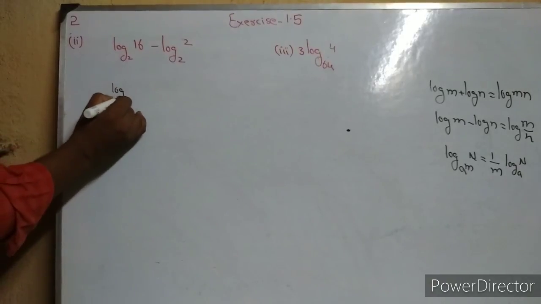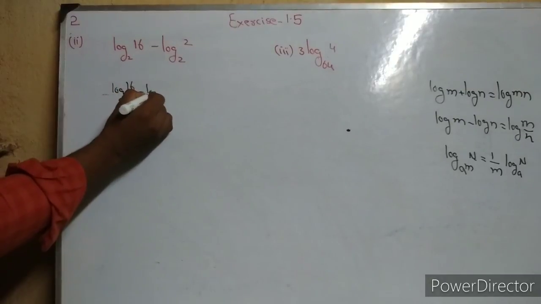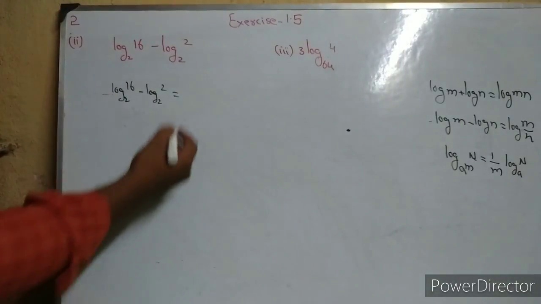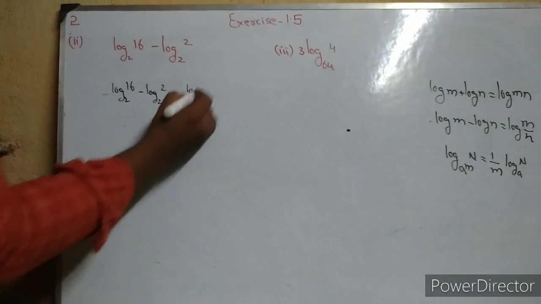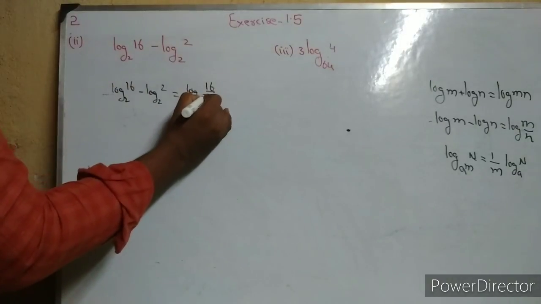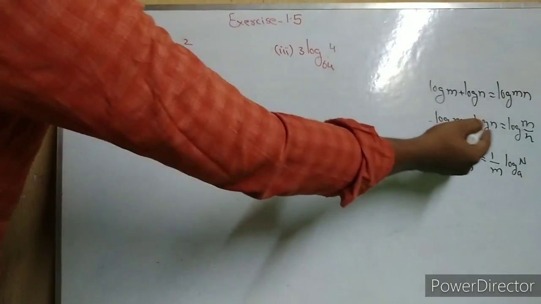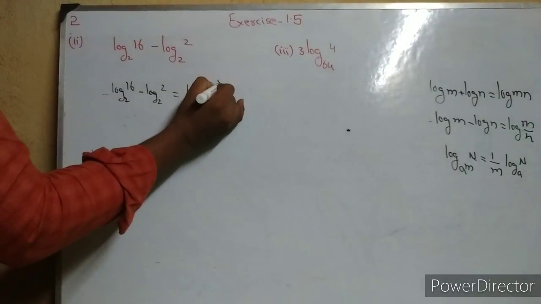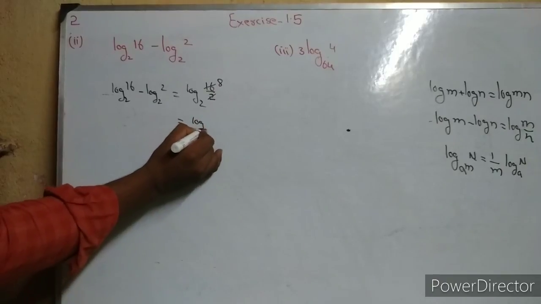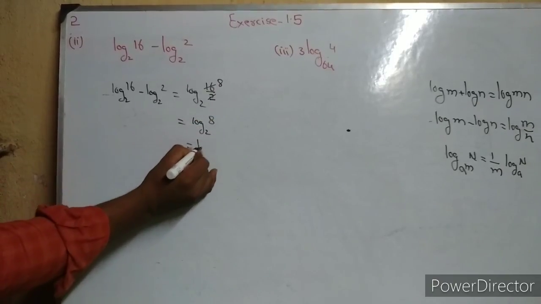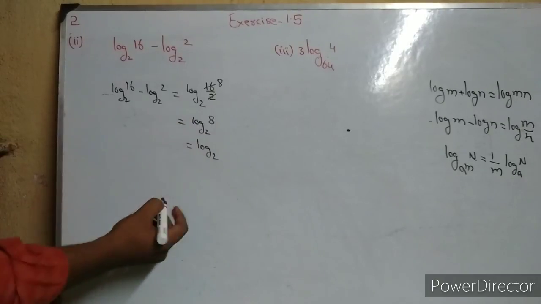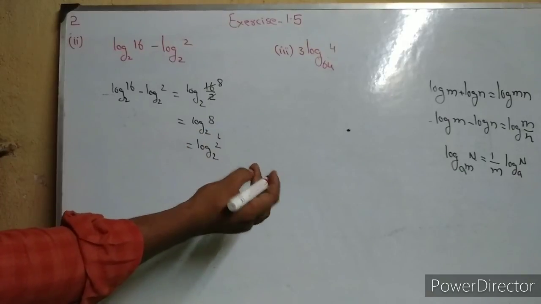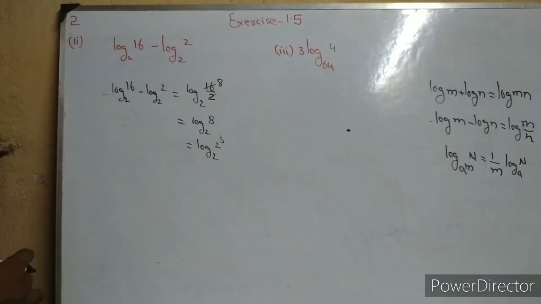So log base 2 of 16 minus log base 2 of 2 will result using the second formula, which says log base 2 of 16 minus log base 2 of 2 results in 16 by 2. Because of the minus, it will be dividing the first number. So 2 1s are 2, 2 8s are 16. So log base 2 of 8. This can be written as log of 2 power 3, since 2 2s are 4, 4 2s are 8, 2 power 3, right?